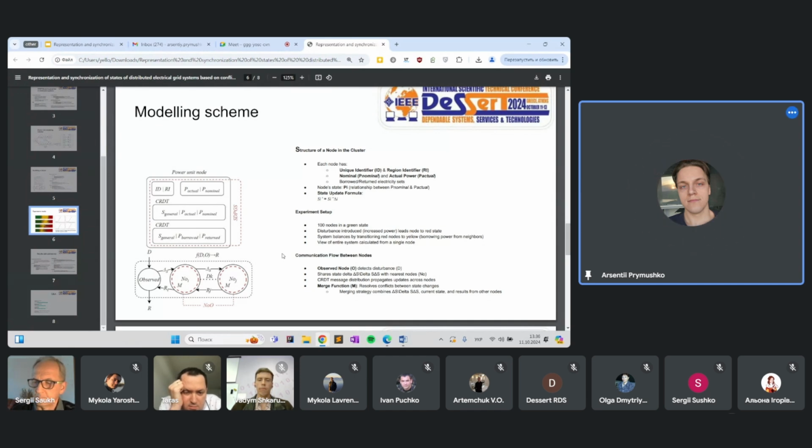Within the current work, we made an experimental setup, which includes 100 nodes in some state. So we have several states for our power units. Each state simply indicates where and why the unit should borrow or return some electricity to the customers or some other units.